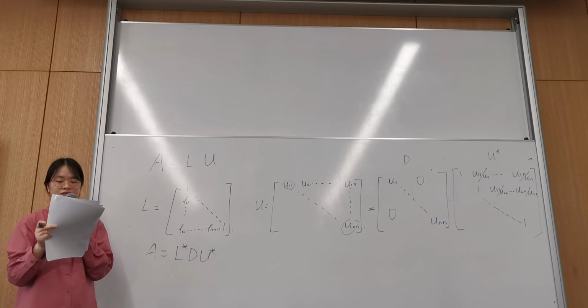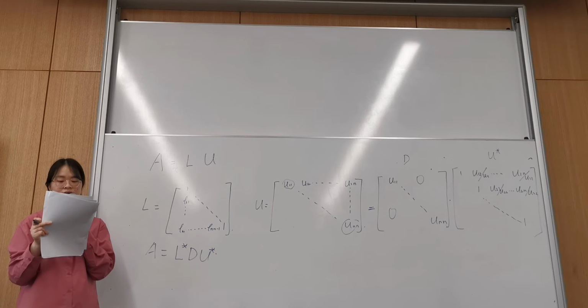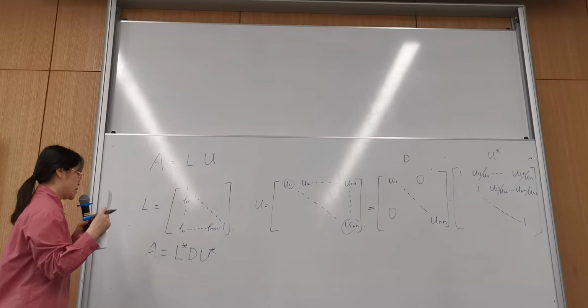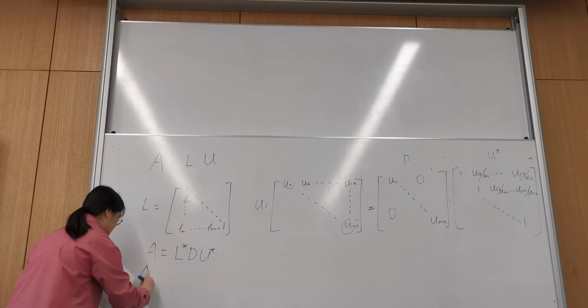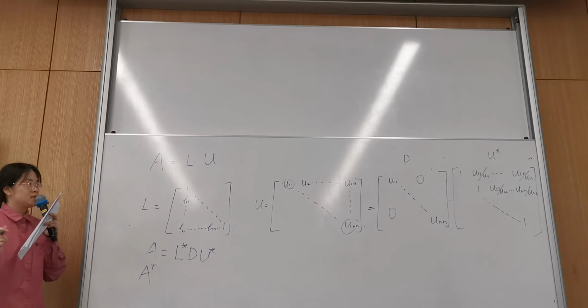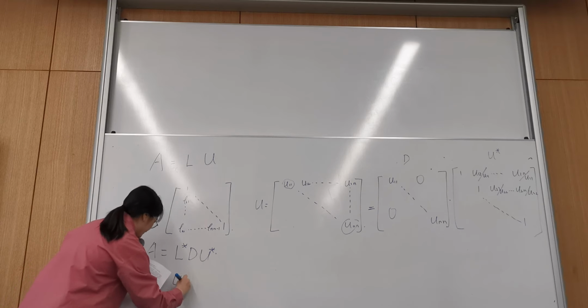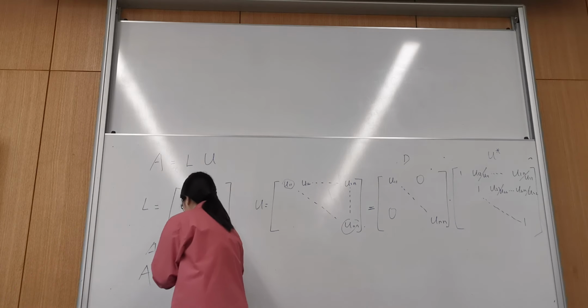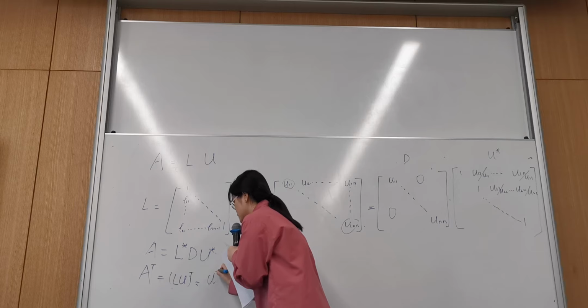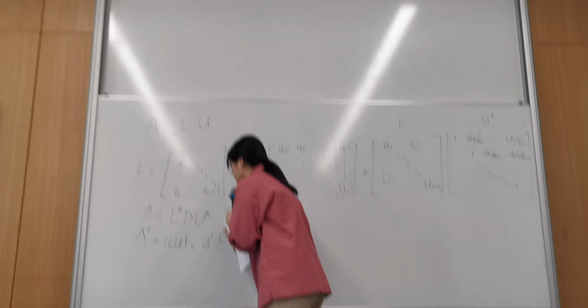And then later I asked you to show what are the factors of the transpose of A. Some of you might say this is simply the transpose of LU, which is U transpose times L transpose.